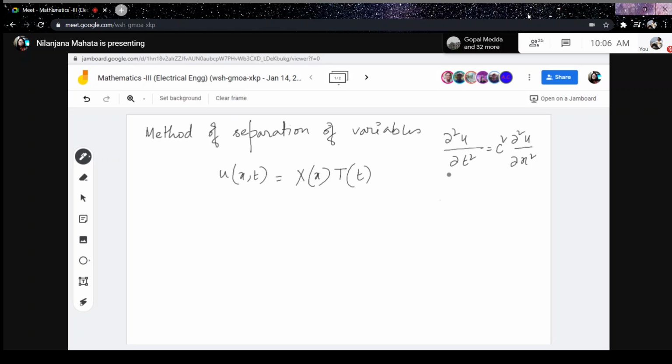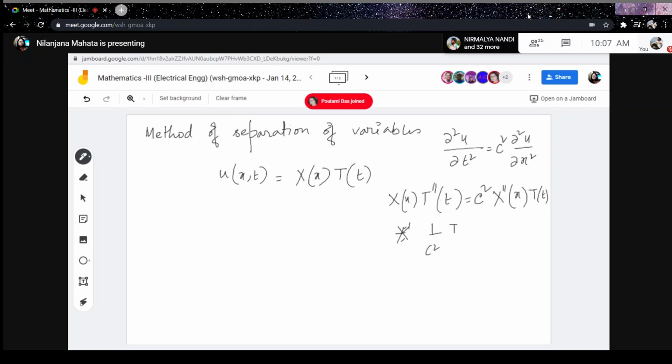So this equation will transform, with the left hand side being 1 by c square.